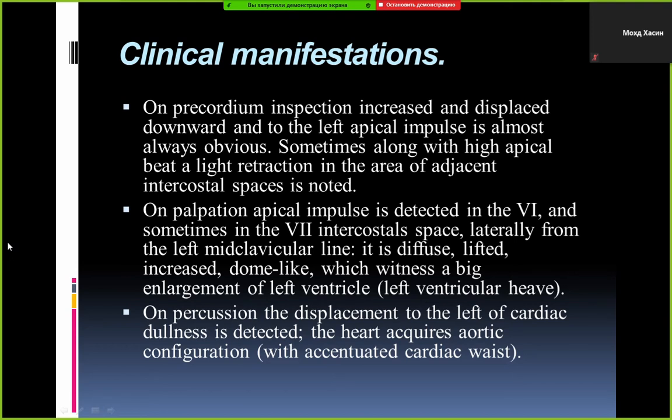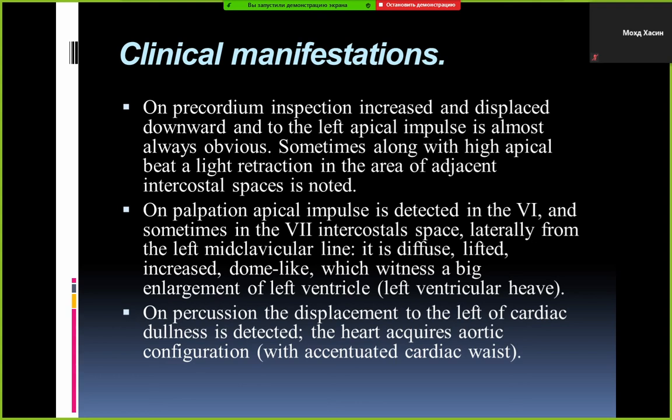On precordium inspection, an increased apex beat displaced downward and to the left is almost always obvious. Sometimes, along with a high apex beat, a light retraction in the area of the adjacent intercostal space may be noted.